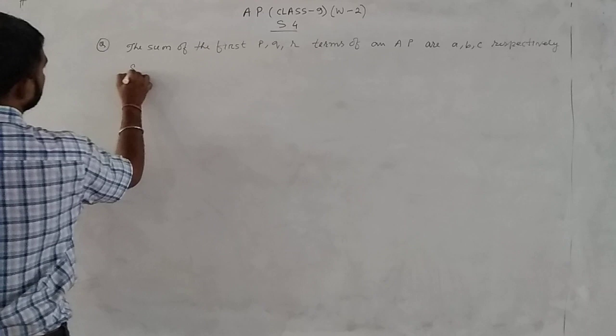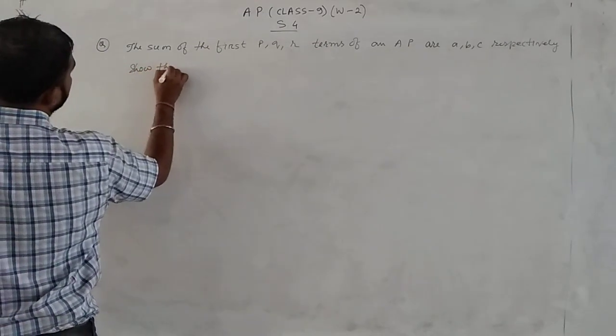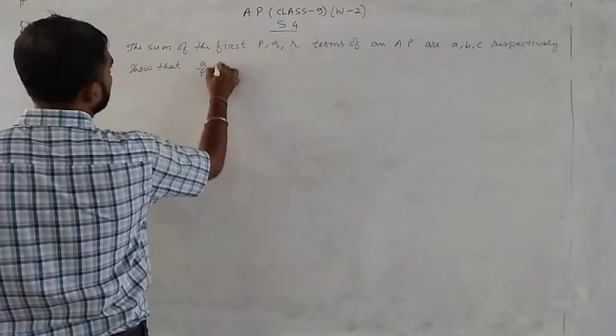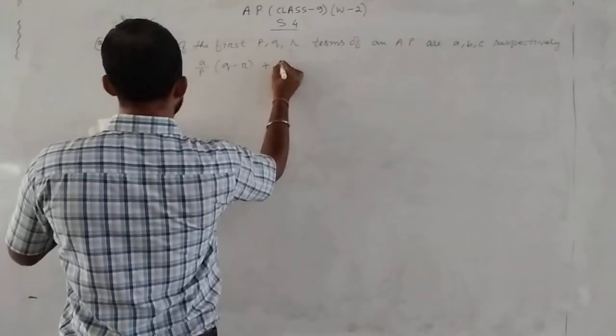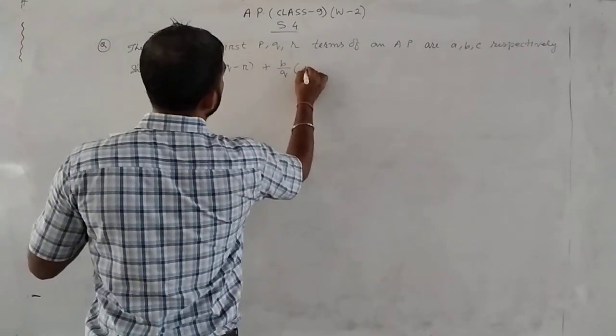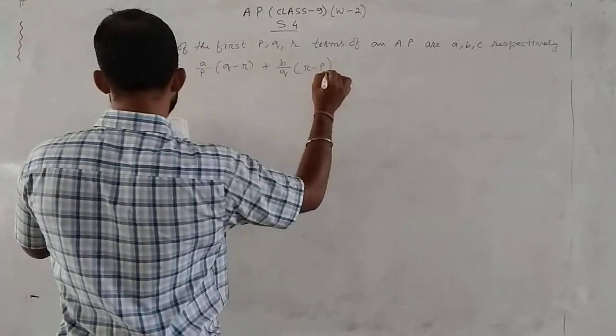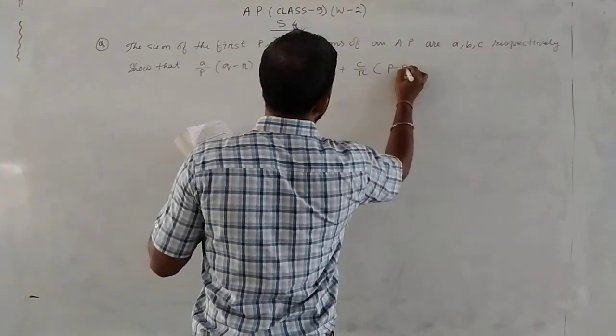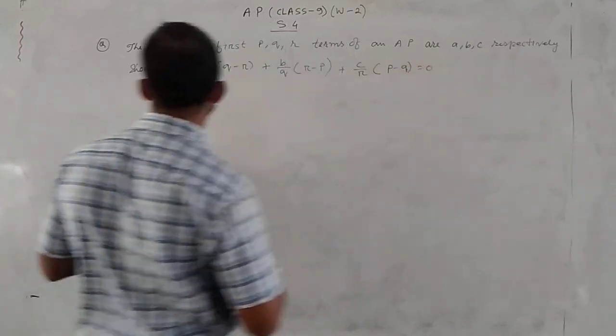Show that A by P (Q minus R) plus B by Q (R minus P) plus C by R (P minus Q) equals 0.